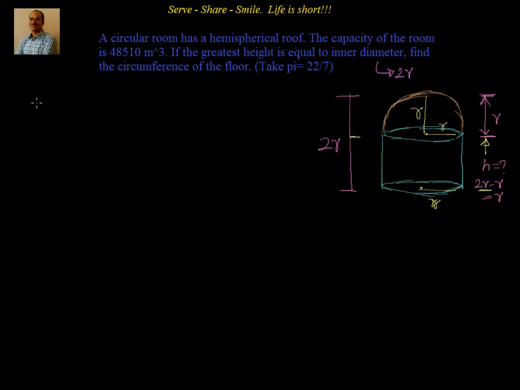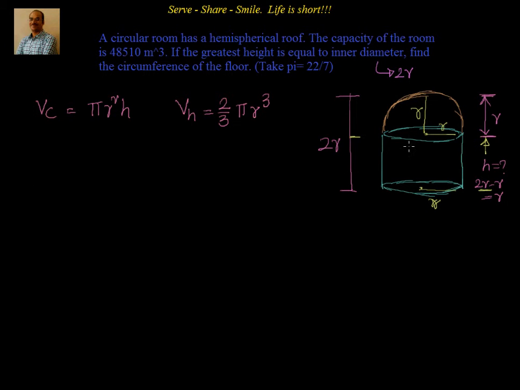First I have the cylinder. Volume of cylinder is equal to pi r square h. And what's the volume of the hemisphere? Volume of hemisphere is equal to 2/3 into pi into r cube.